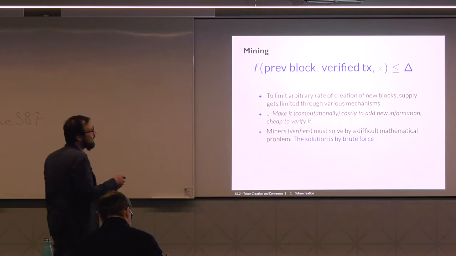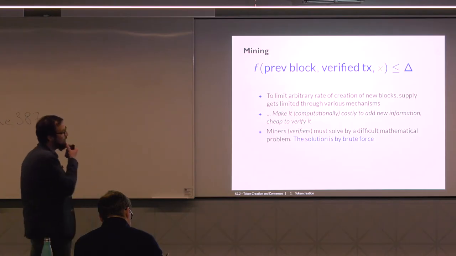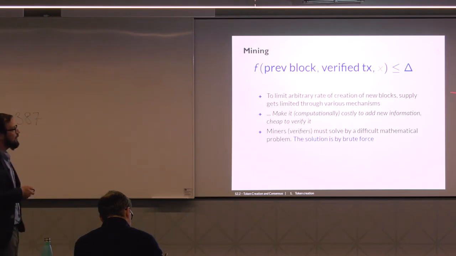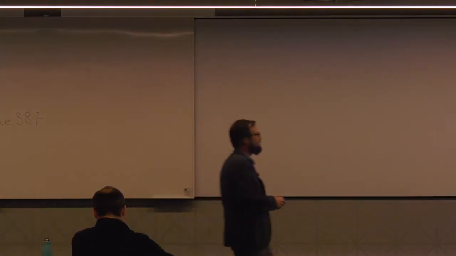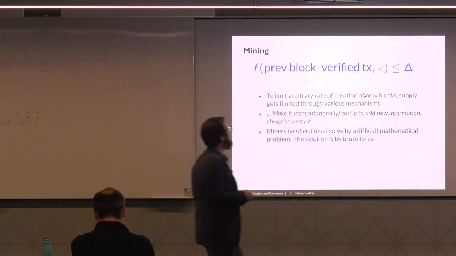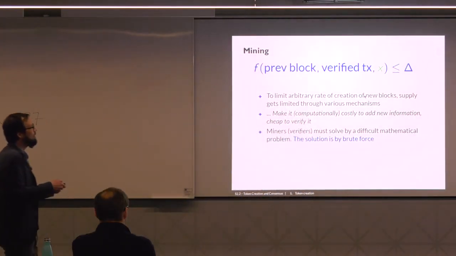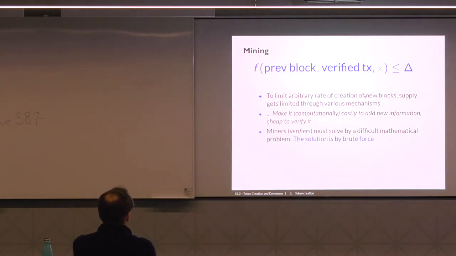You get a single number that represents all the transactions that you have verified and that you have put inside of the block that you are creating. So this links to the previous block. This shows that you verified the transactions.